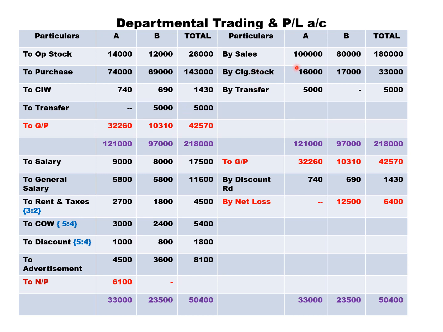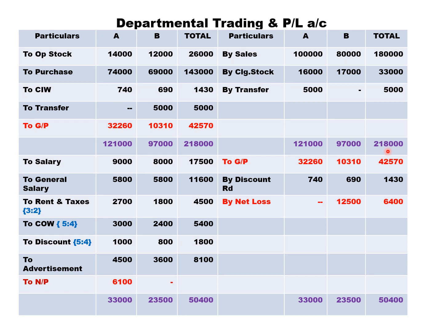Then we have sales given in the question, closing stock given in the adjustment, and then we have interdepartmental transfers. Department A is the issuing department, giving department credit. The receiving department B is debit. So you get a total of trading account 1,21,000, 97,000, 2,18,000.